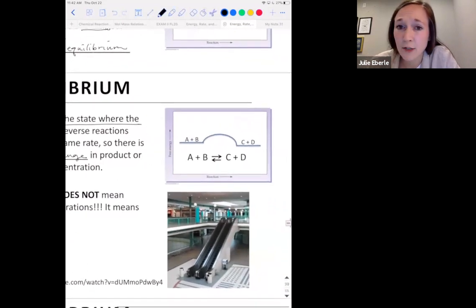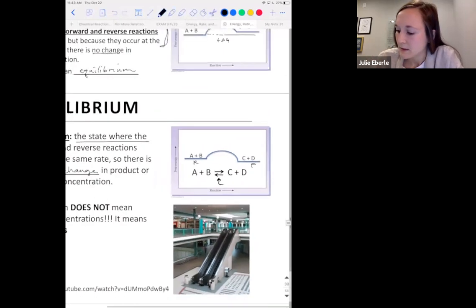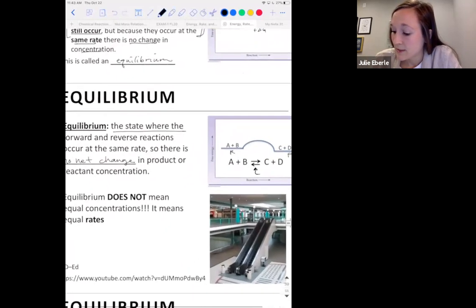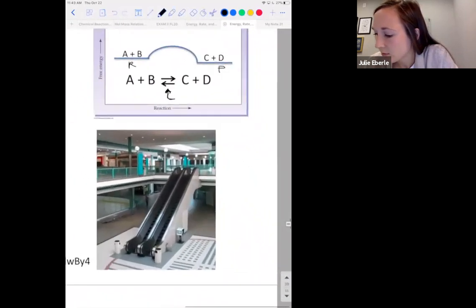On an energy diagram, here's what equilibrium looks like. Remember we said the energy level of the reactants and the products are very similar, and you indicate the reversible reaction with this double arrow right here. Now, I'm going to say this again: equilibrium does not mean equal concentrations of reactants and products. It means equal rates.